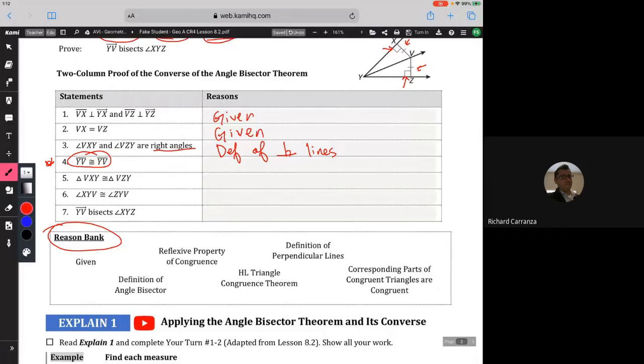So there's one particular definition in there that we could use. Do you guys remember? Reflexive property? And then we have two triangles are congruent. That's going to be because of the HL theorem.